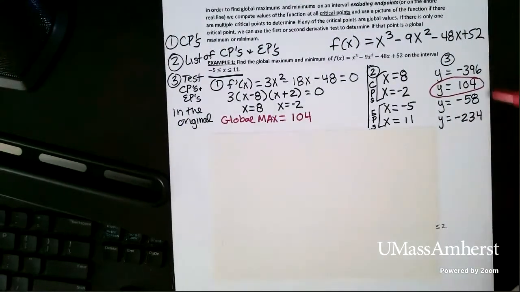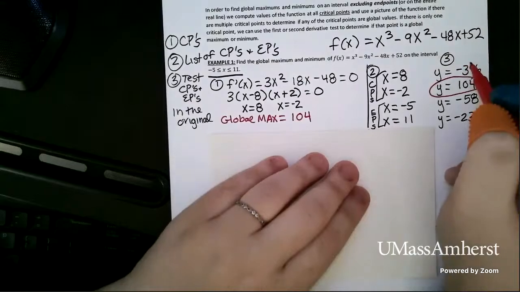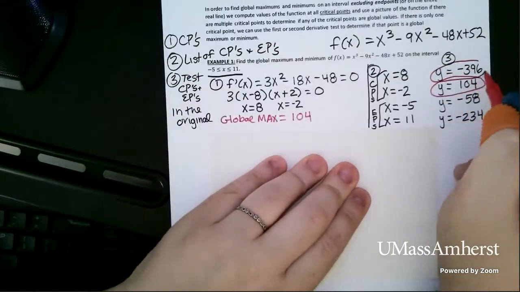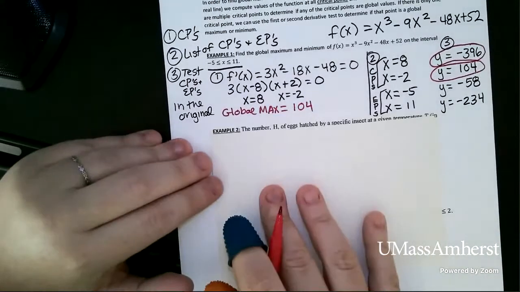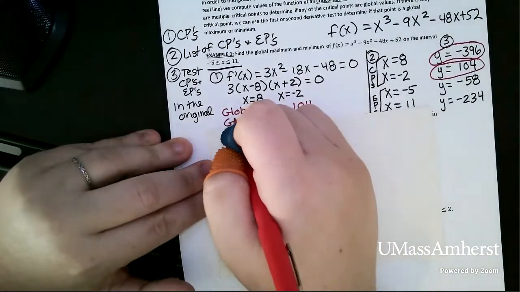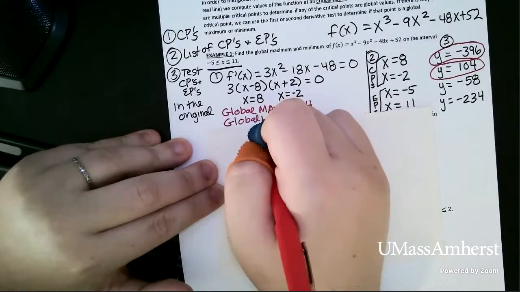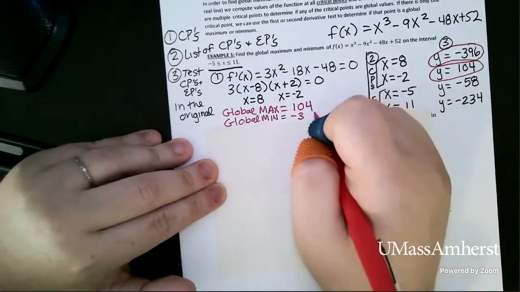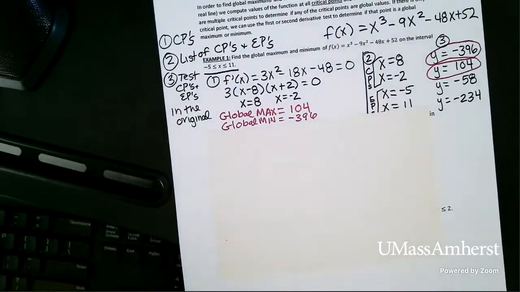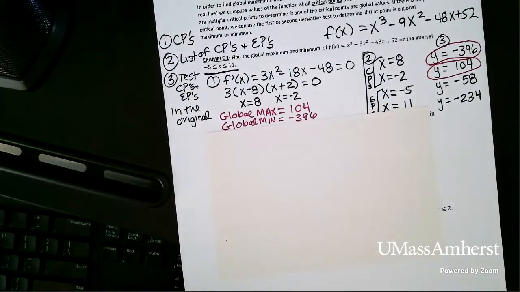Then I look at these numbers again to figure out which one's going to be the lowest on a number line, and I see that negative 396 is going to be there. So my global min equals negative 396. Okay, so that's what the process looks like.